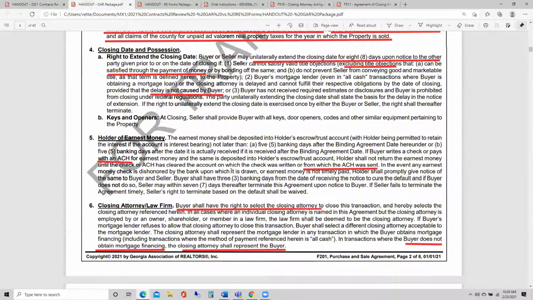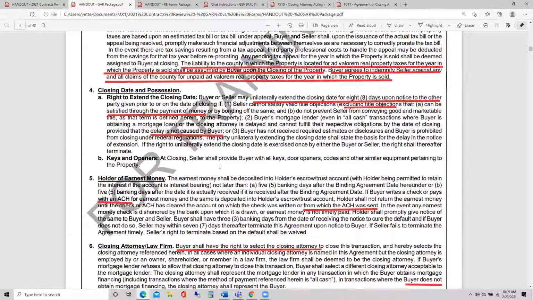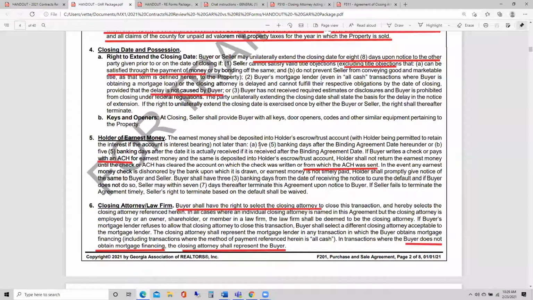In the GAR contract package, it states right here, the holder has not later than 5 banking days. Closing attorney has, the holder has 5 banking days to make the deposit.